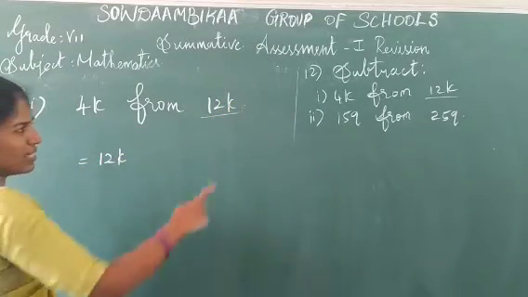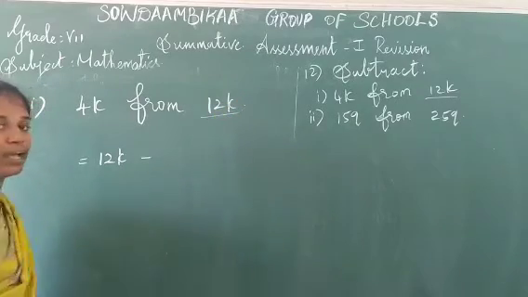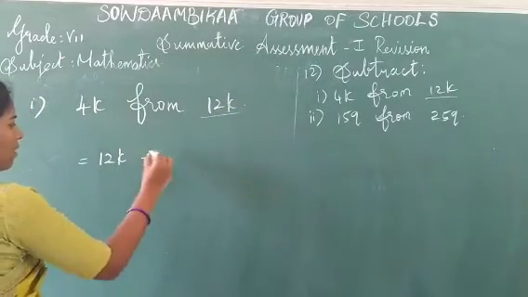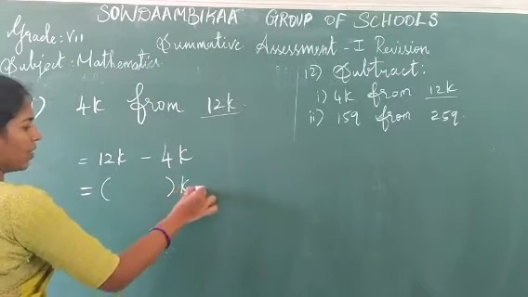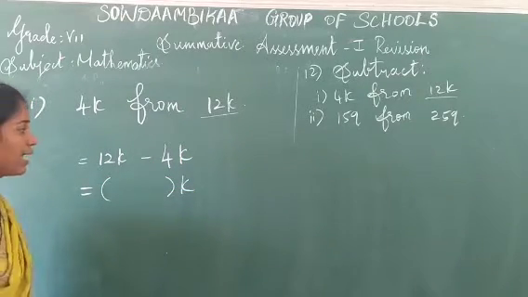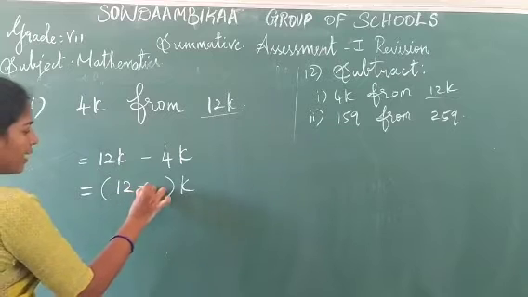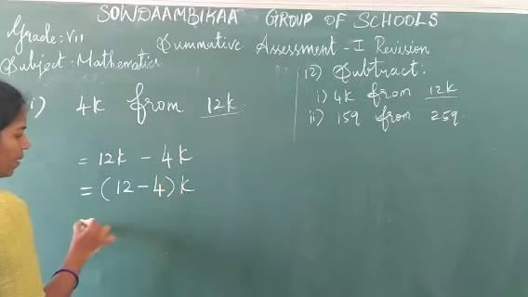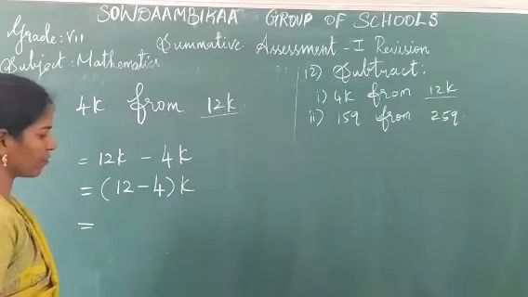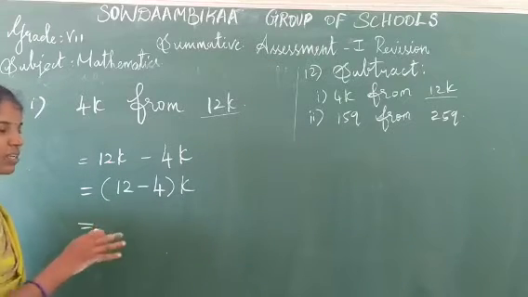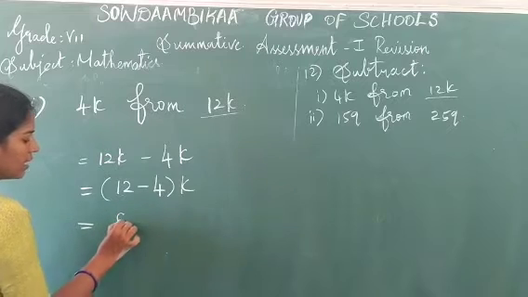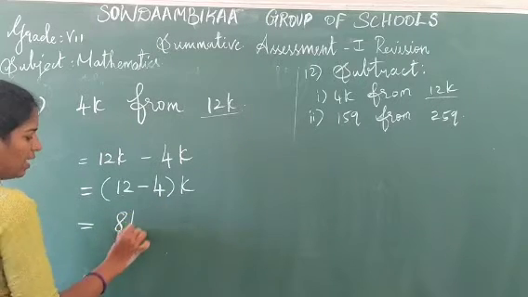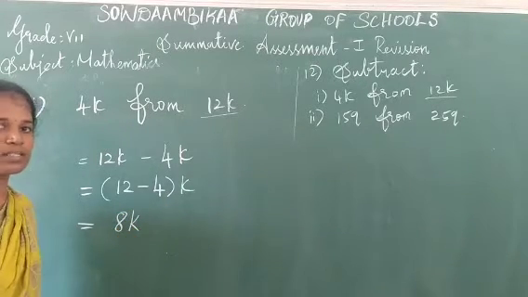What is given? Subtract. So we put the minus sign and 4k. Next step, take the variable outside. 12 minus 4. Numbers should be written inside the bracket. We subtract in the normal way. 12 minus 4 comes 8. Variable k, 8k. That is the answer here.